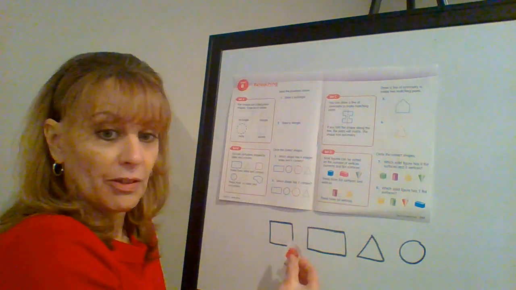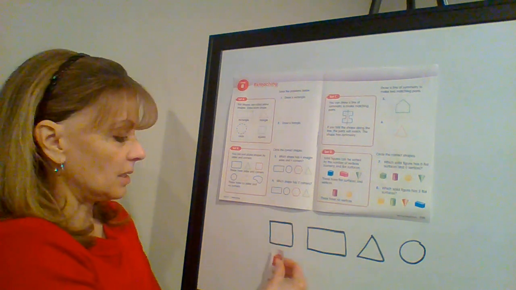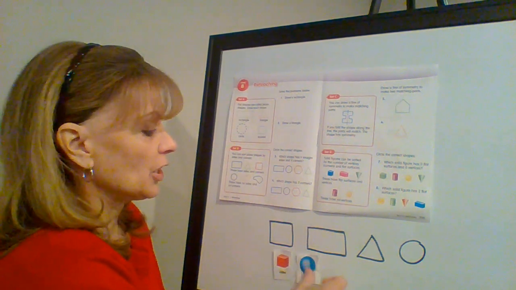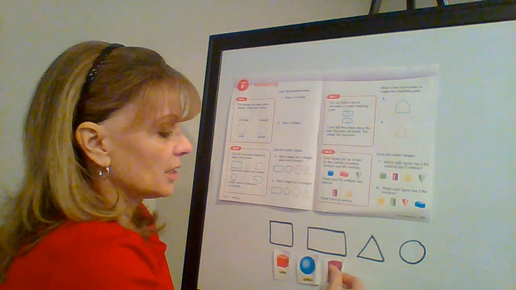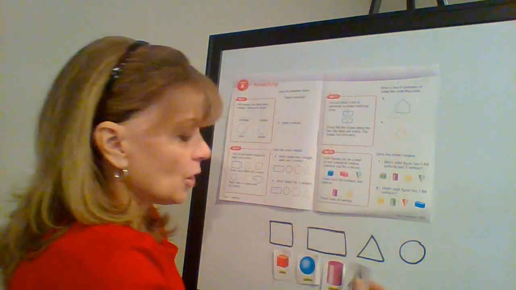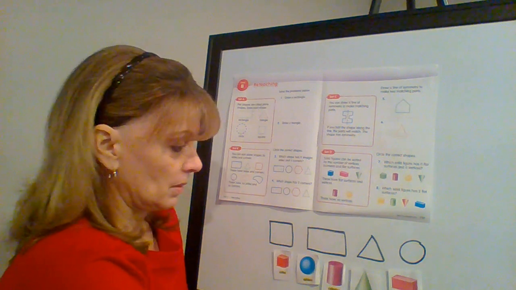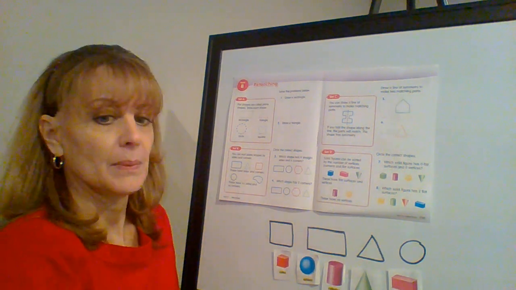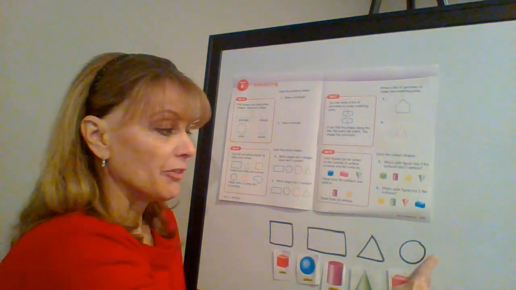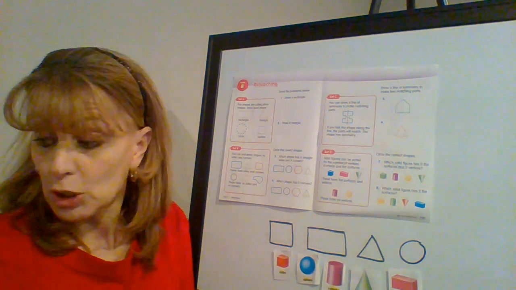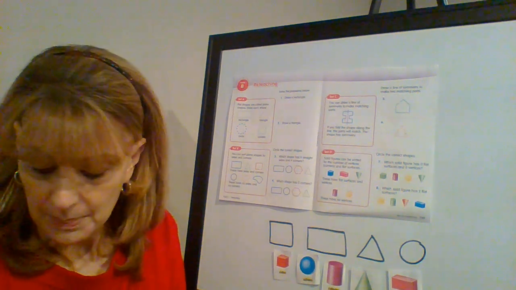So we have the cube, the sphere, the cylinder, the cone, and the rectangular prism. Can you see them all? Yeah. So we have our flat shapes and we have our solid shapes, okay? We have to make sure you keep those separate.